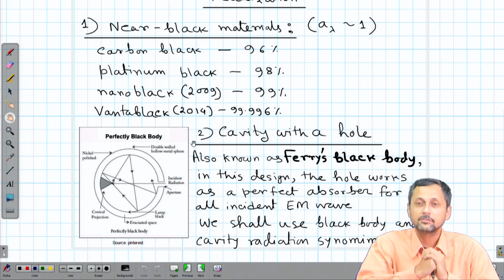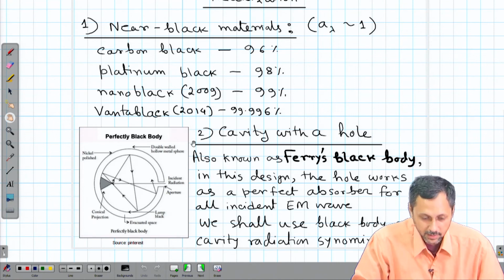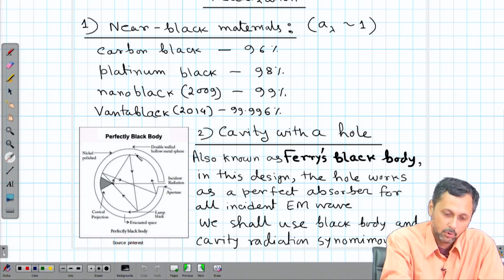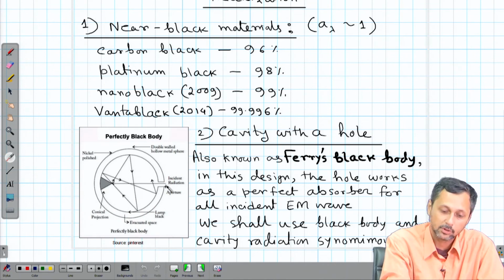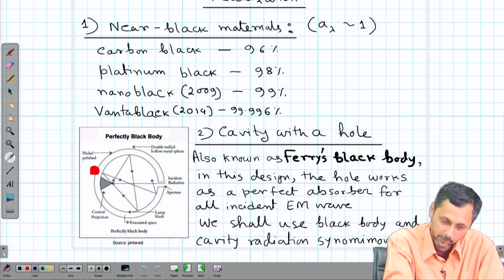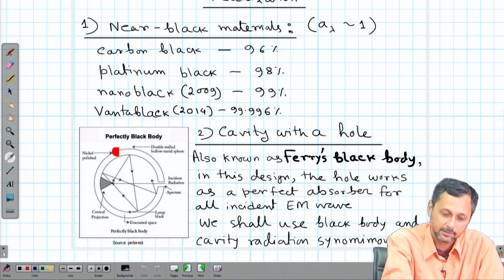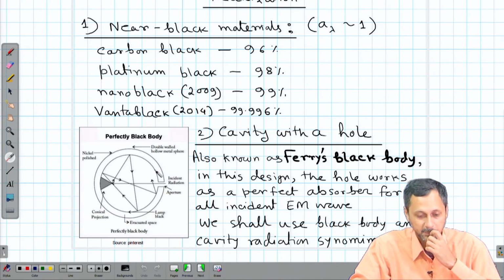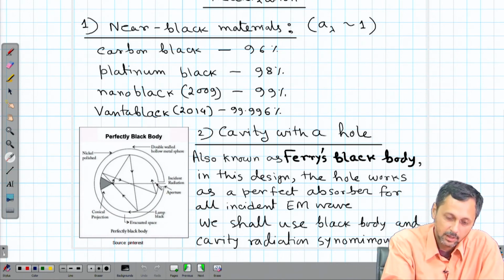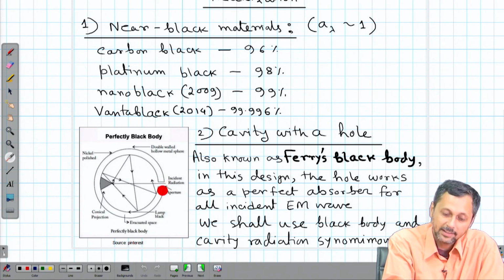One such device is Ferry's blackbody, which is basically a hollow sphere, a double walled sphere. Between the walls a vacuum is maintained, and there is a small tiny opening.